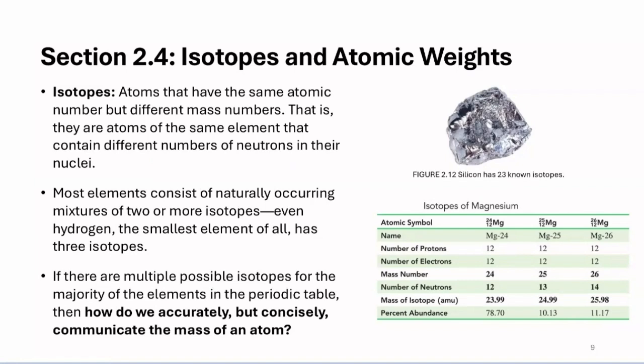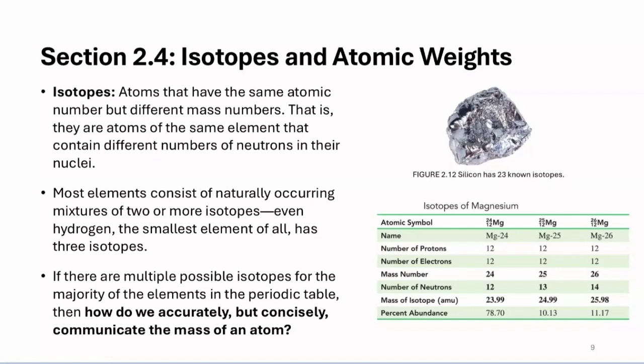Most elements consisting of naturally occurring mixtures have two or more isotopes. For example, when we look at figure 2.12, we can see that silicon, which is a metalloid, has 23 known isotopes. In the table below, we have the known isotopes for the metal element magnesium.